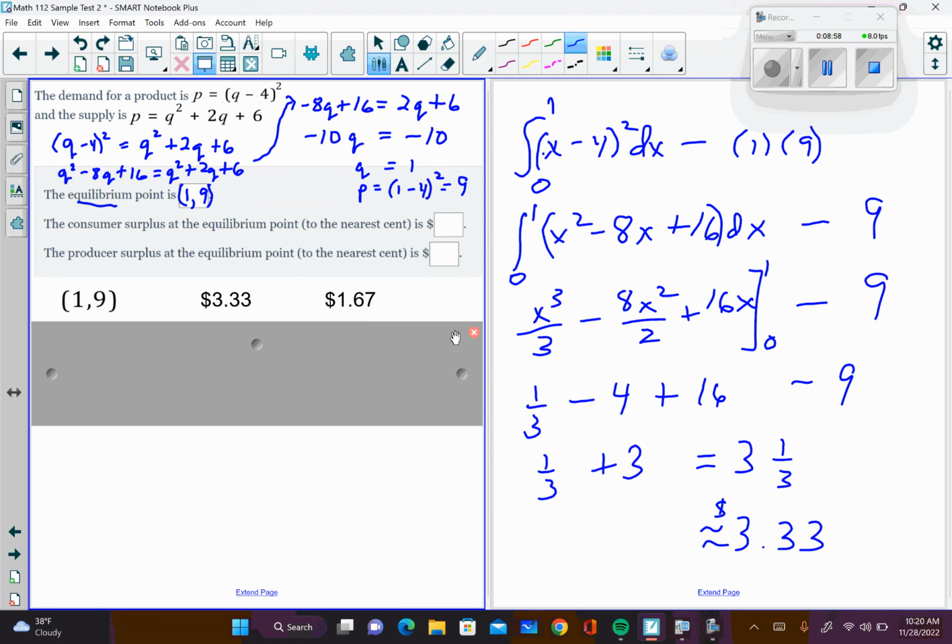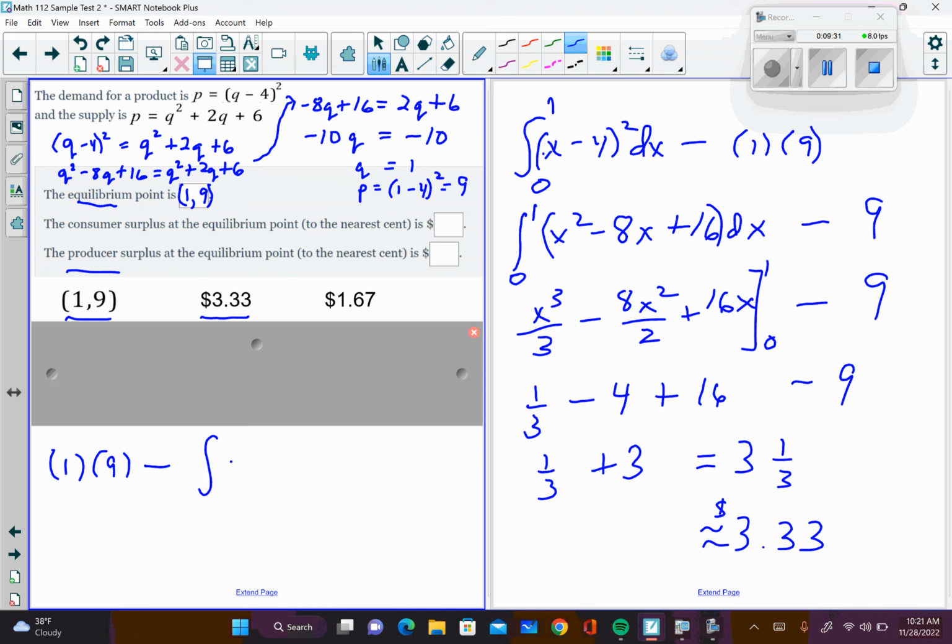So we don't have that last answer yet, but we're going to get it now. So (1, 9) is the equilibrium point. $3.33 is the consumer surplus at the equilibrium point. And now to get the producer surplus, we start with the x times the y coordinates of that point, and then subtract the integral of what producers do.